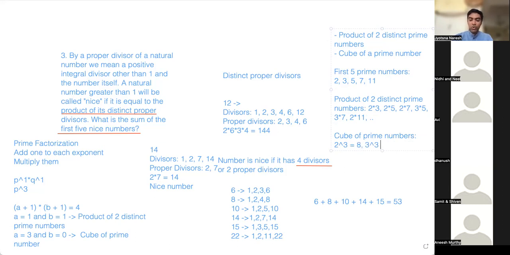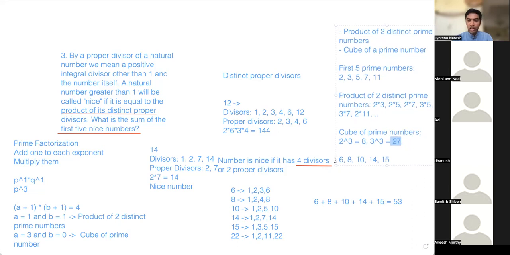Okay, so now we know these are the smallest in each of the categories, right? So now let's combine them to get the 5 smallest overall. So 6 is in the first list, then 8 is in the second list, then 10 in the first one, then 14 in the first one, and then 15 in the first list. So we won't get to 27 because there are smaller ones in the first list.